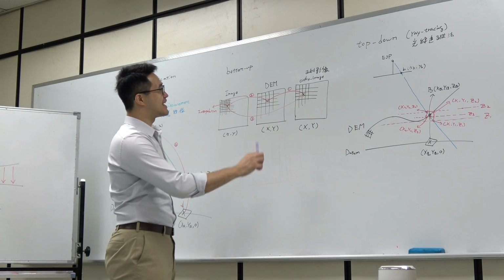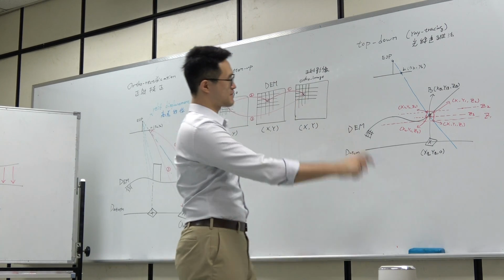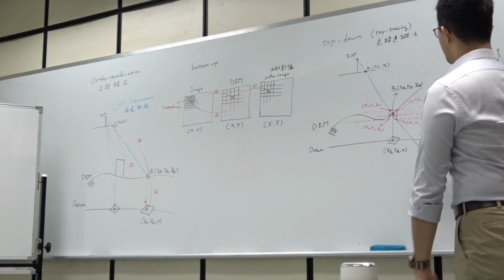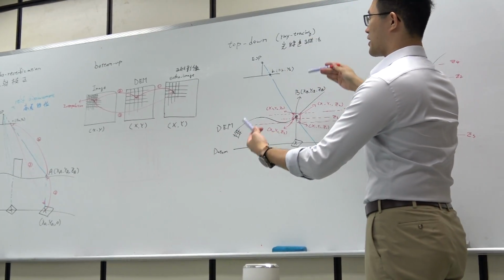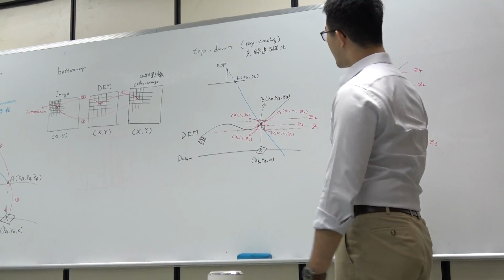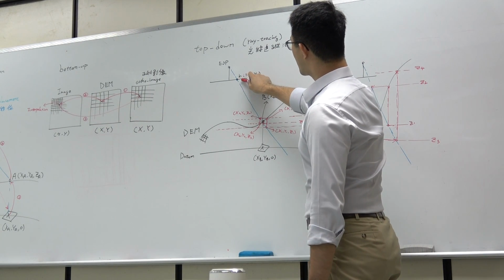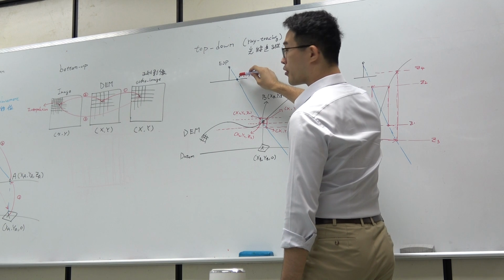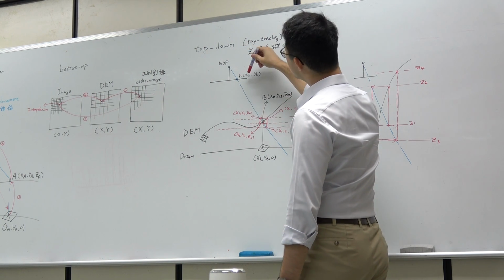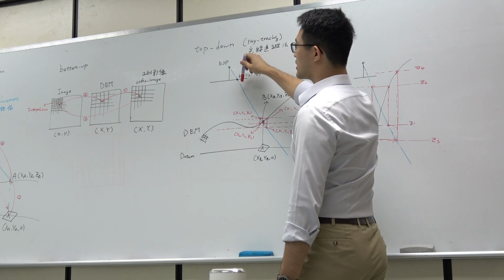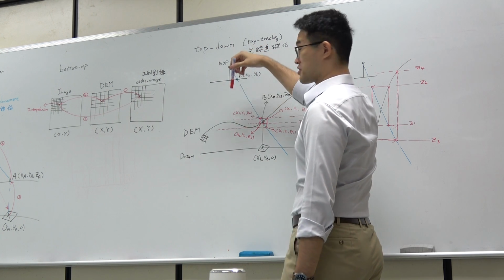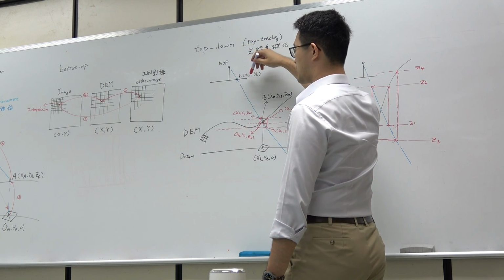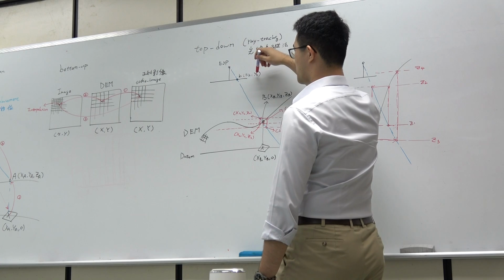All right. And then for the top-down solution, where should we perform the interpolation? As you can imagine, we start from the image pixels. Like I said, this B point is a pixel, right? So here, I don't need to perform any interpolation because I just iterate through each pixel on the image.